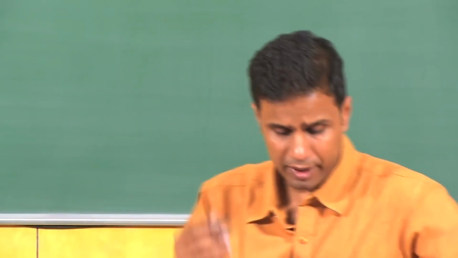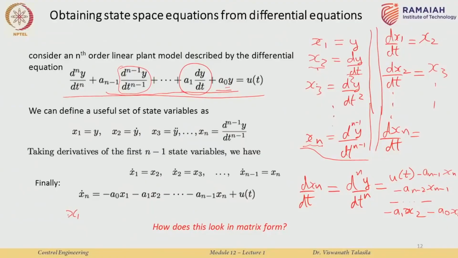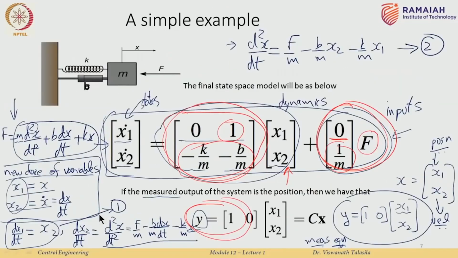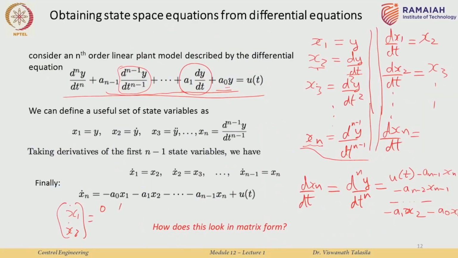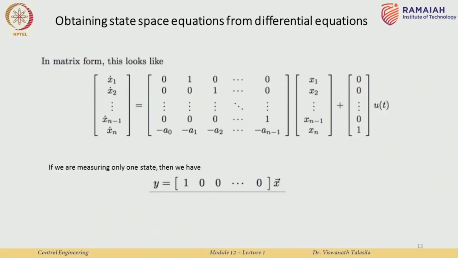In the case of the mass spring damper, if you remember, we had [x1 dot, x2 dot] equal to the matrix with rows [0, 1] and [minus k/m, minus b/m], times [x1, x2]. Now we are doing exactly the same thing, except that we want to see how this looks on the nth order system, and it looks exactly like this.